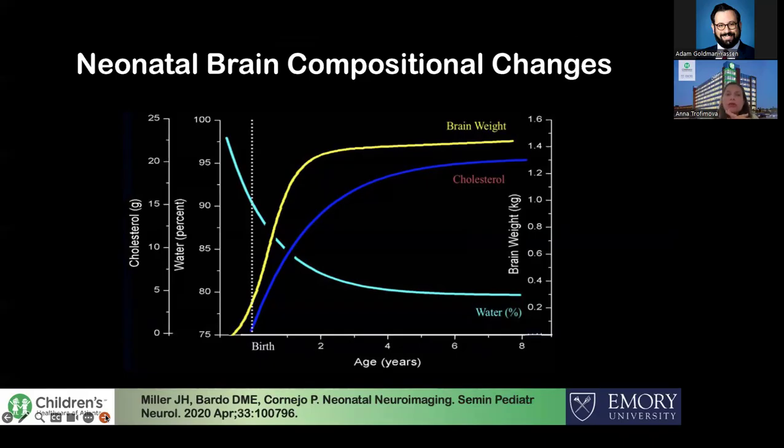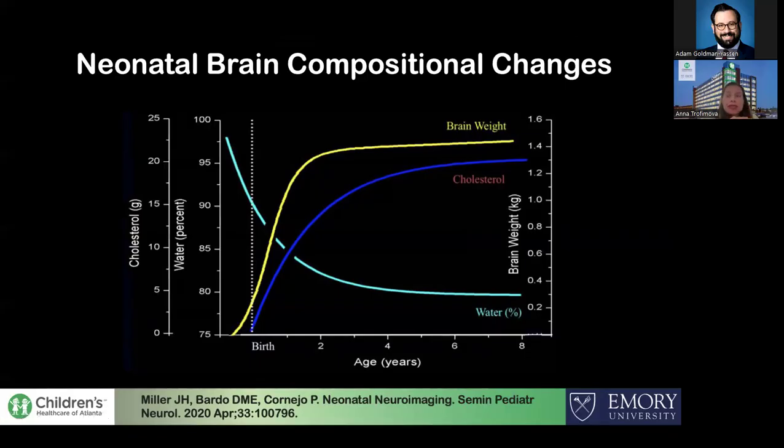As a preterm baby, the neonatal brain begins as a highly hydrated structure, with more than approximately 90% water by volume, which you can see on this graph depicted in this light blue line.